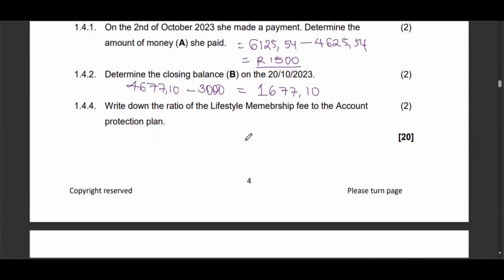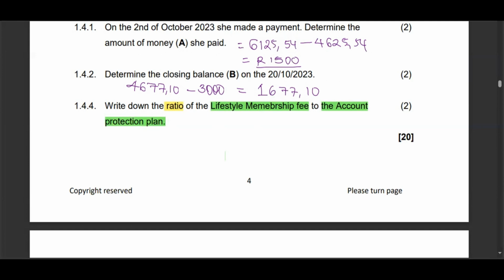All right, write down the ratio of lifestyle membership fee to the account protection plan. Take note of this. We are writing down the ratio of membership fee to the account protection plan. Those who don't know how to deal with ratios, please take note.